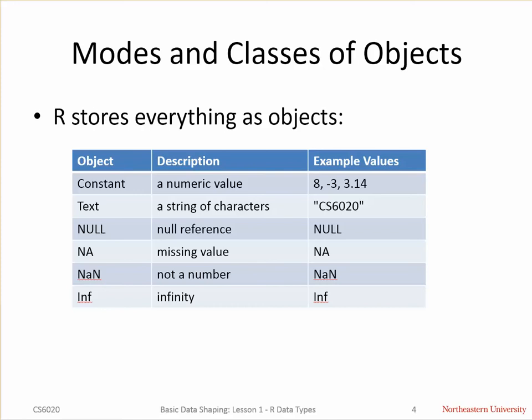Then we have NULL, which indicates a null reference. So that basically is used when you have an object that's not really any object. It's an empty object. It's a null object. We often have the object NA, and we saw that before, to indicate a missing value. We use NaN as not a number, so that's an object that corresponds to something being not a number. And the Inf object representing the infinity object.